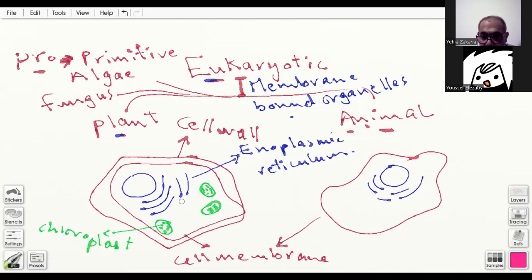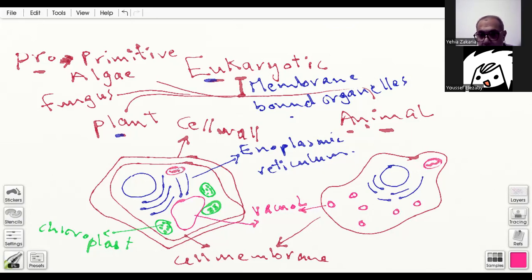Plant cell has a large vacuole. In animal cell, the vacuoles are small and multiple, while in plant cell the vacuole is large, one or two. Other organelles like mitochondria are found in both.